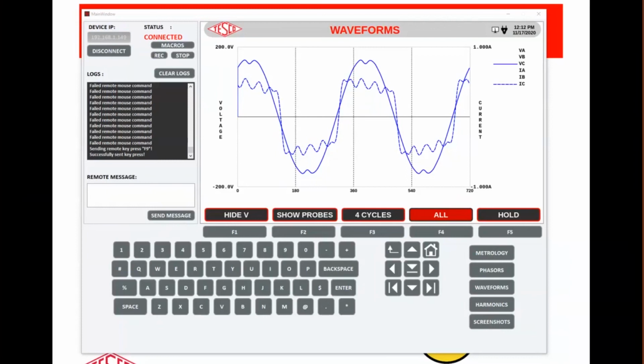Now, what would happen historically was a house was a mostly linear load and typically would have power factors around 0.95.